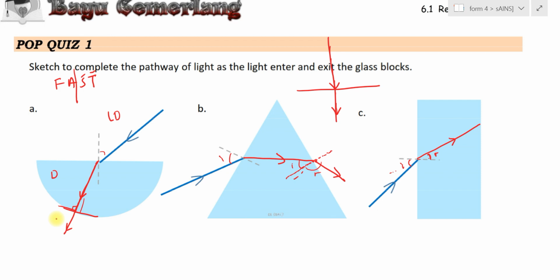Okay, lepas tu kena draw dia punya 90 normal lagi dekat boundary ni. Okay, lepas tu dia kena jauh. Sekarang kena pergi jauh. Dia kena pergi jauh macam ni lah lebih kurang. Okay. Kamu boleh nampak I kamu, R kamu lebih besar. Okay. Lebih kurang macam tu lah. Okay, sir. Alright.